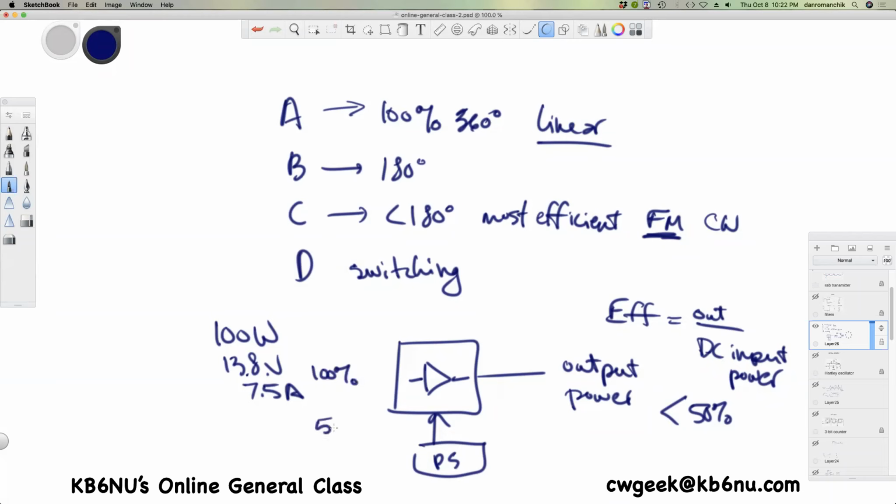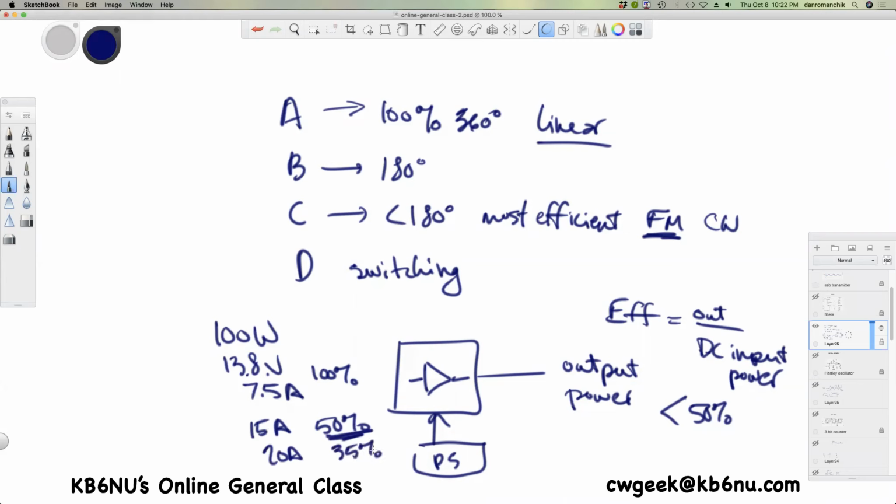At 50% efficiency, you're going to need at least 15 amps. And chances are, for a 100-watt supply, you're going to need at least 20 amps because it's not going to be 50% efficient. It's going to be more like maybe 35% or something.